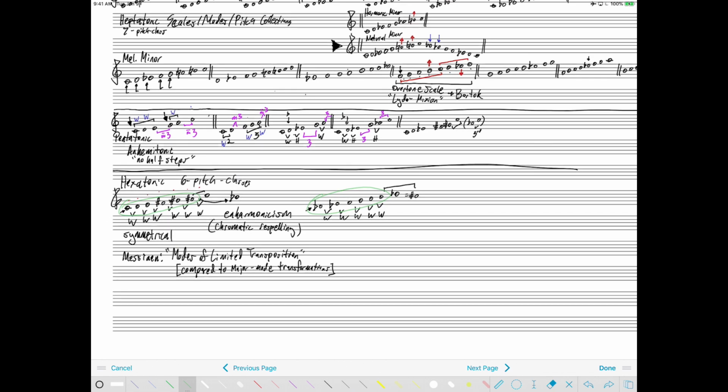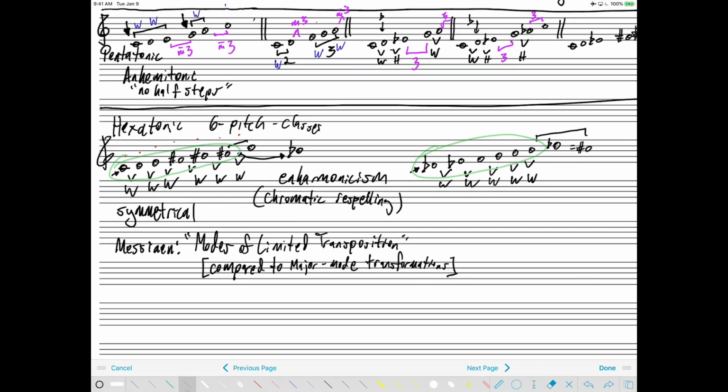So all whole tone scales that you will see that are purely whole tone scales and are conforming to what's available on the piano will either be this pitch collection or this pitch collection. So those are our possibilities.